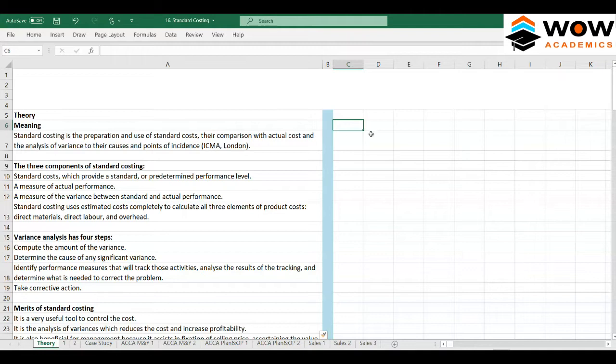Assume that you are going to produce a product. Will you keep on producing the product, then get the cost, and then price it and sell it to the customer? Will you do it like this?